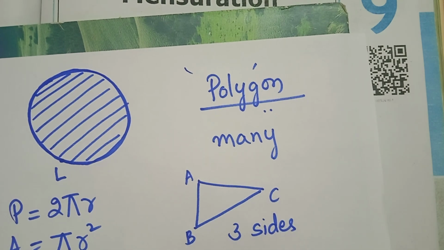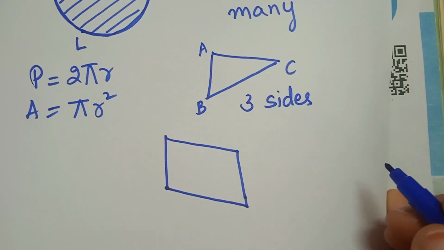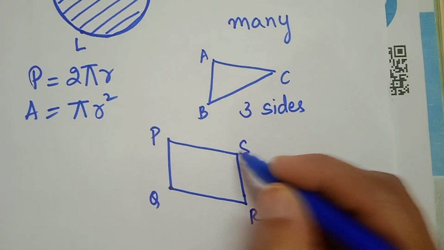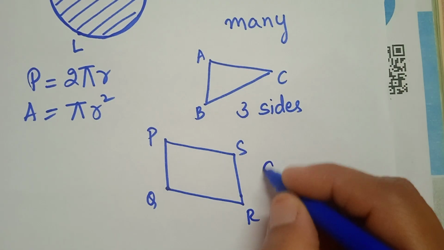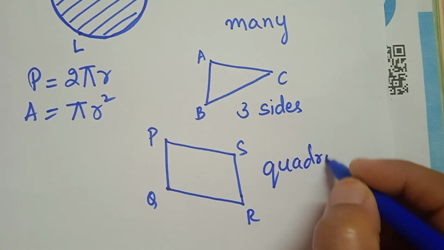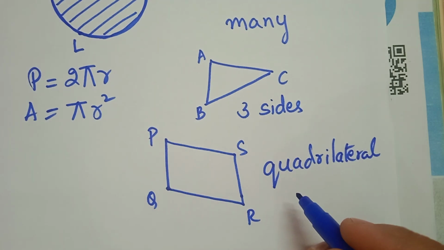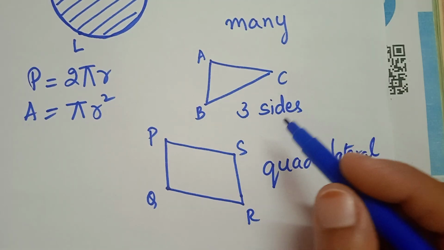Now see this picture. This is another picture, say P, Q, R, S. How many sides does it have? 4 sides. If a figure has 4 sides, it is called a quadrilateral. If a figure has 3 sides, it is called a triangle.